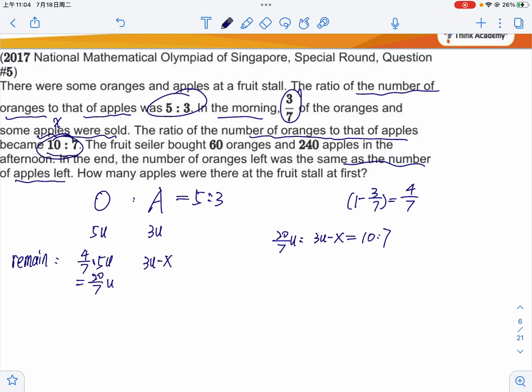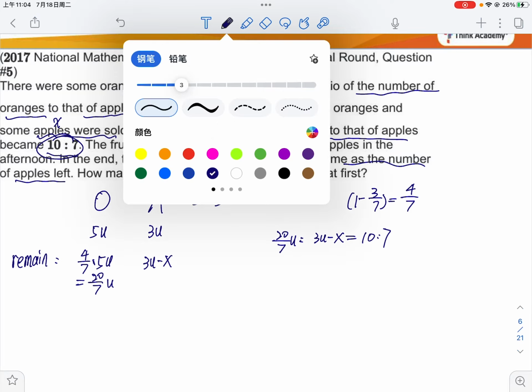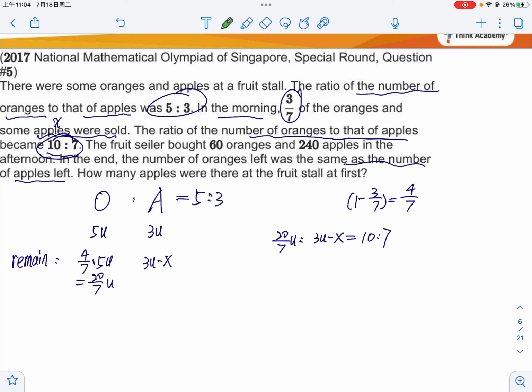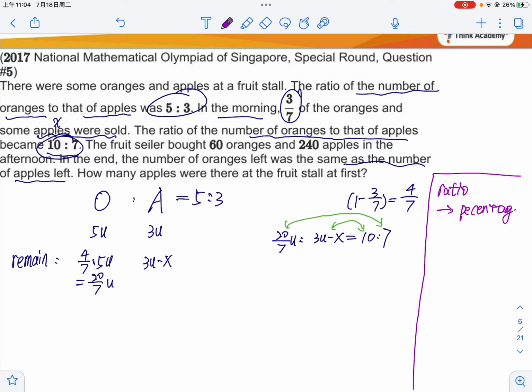It's very important for you to calculate these things about the ratio. If we know A to B equals C to D, just multiply this one and this one, and it should be equal. You should always know how the ratio relates to the percentage and also to the fraction.